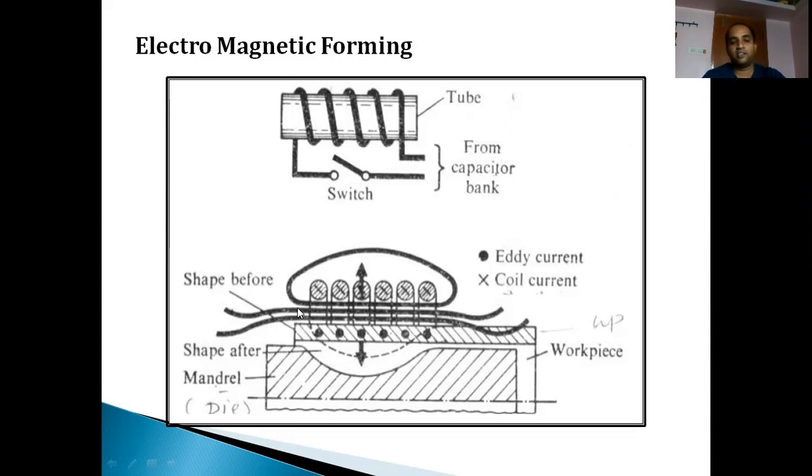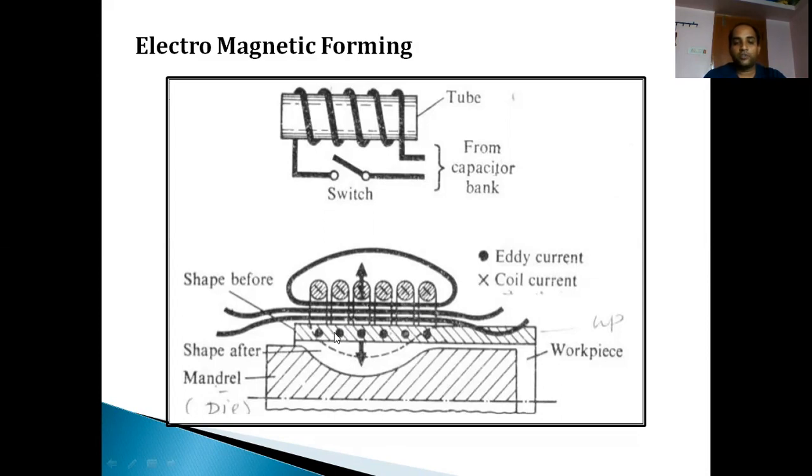Once the energy is discharged, a magnetic field is developed within these coils itself. These are the coil currents, and this is the eddy current. A magnetic field is developed between these coils, and the energy developed is so high that repulsion forces are developed between them.